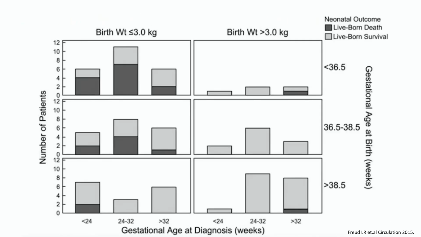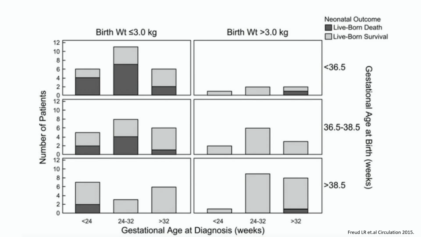ventricular dysfunction. Now, these are the neonatal outcomes, which were divided really by weight. The dark part here are those babies that were live born but died after birth, and the white part is those who were live born and survived.